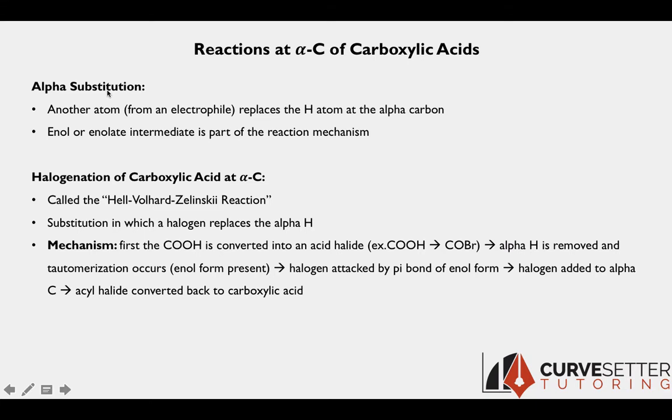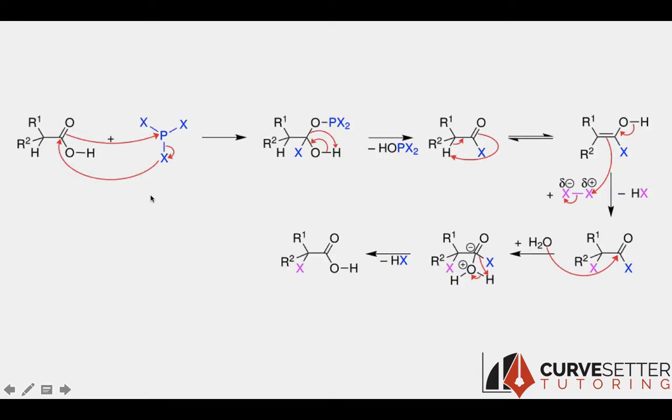So one example of alpha substitution of the alpha carbon is halogenation of carboxylic acids. Specifically, the reaction is referred to as the Hell-Volhard-Zelinsky reaction. And in this reaction, a halogen replaces one of the hydrogens on the alpha carbon. So here's the carboxyl group, here's the alpha carbon.